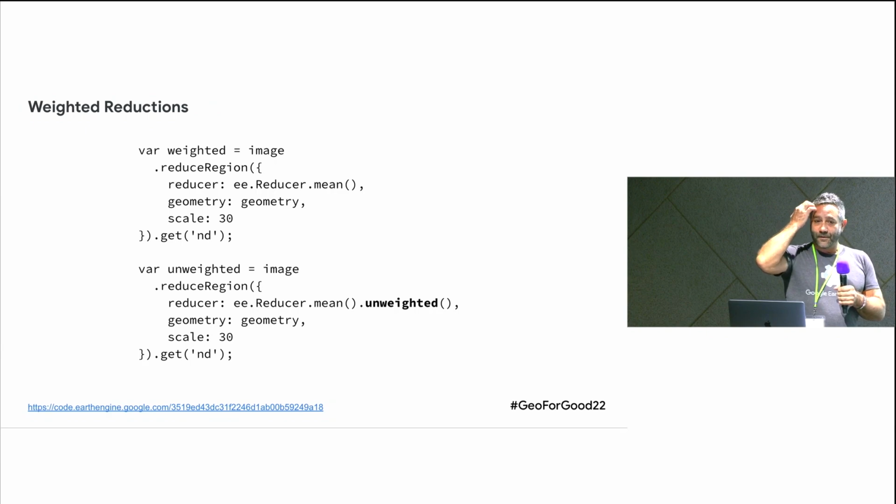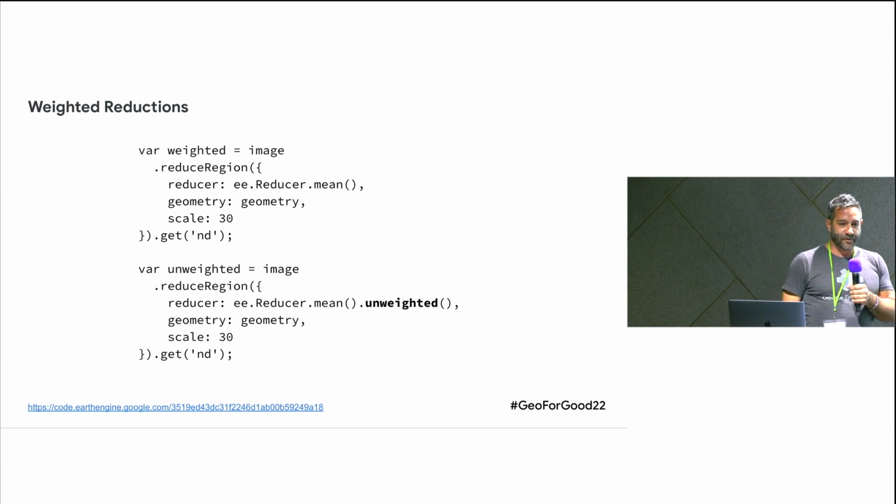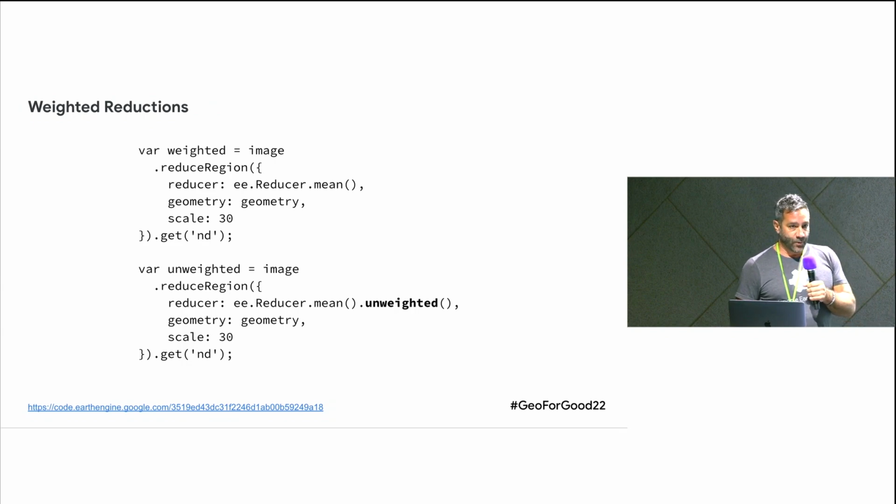How does this work? The input weights to the reducer are set by the mask of the image. So when you have a geometry that spans pixels, like through the middle of the pixels, it will compute the weight of those pixels based on the fraction of the pixel area that's in the region you want to reduce. That's the normal, that's the weighted reducer.